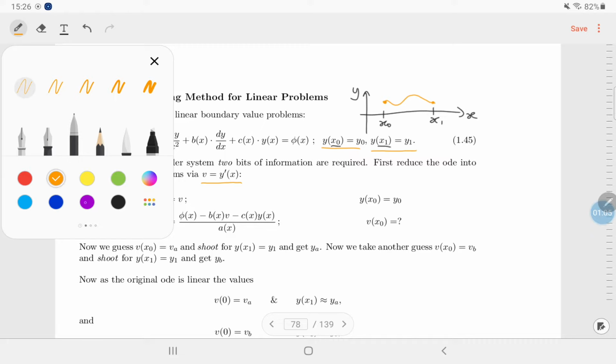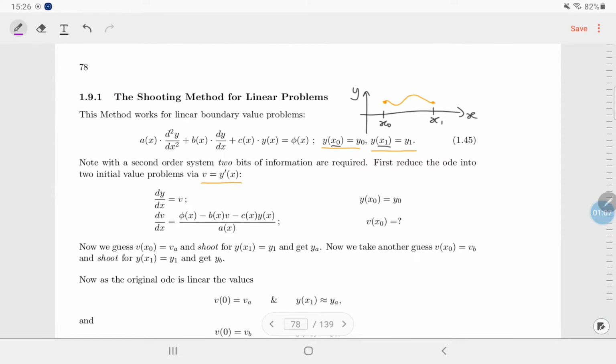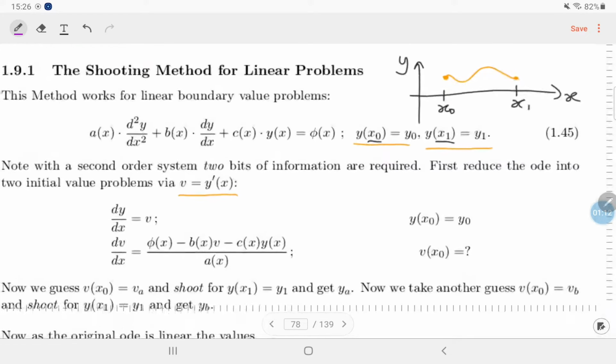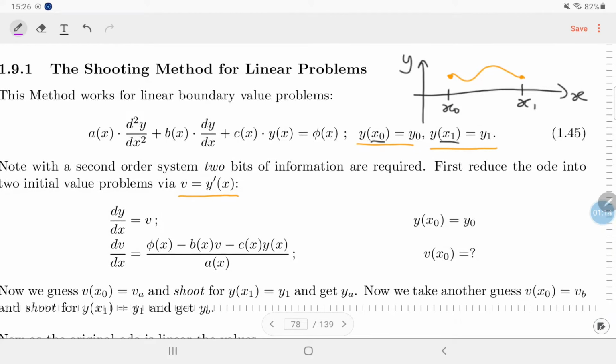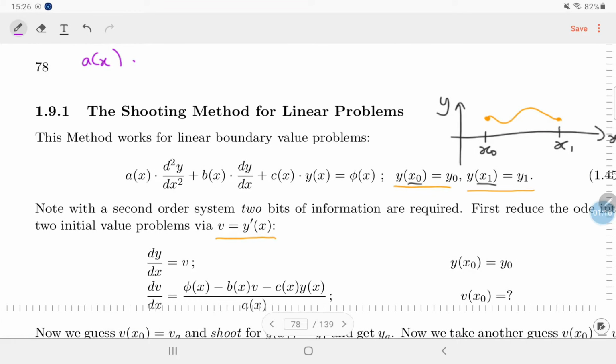So if you let v be the first derivative, what are we talking here? We're talking a of x. Now, the second derivative of y is the derivative of dy dx, but dy dx is equal to v, so the second derivative of y is dv dx plus b of x.